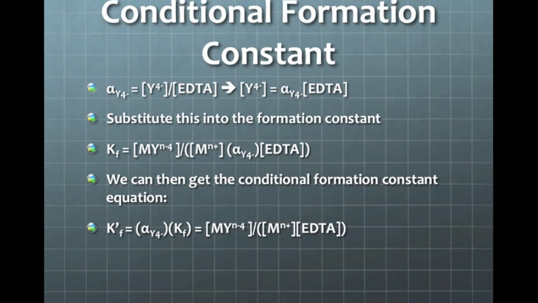Kf equals the concentration of MY with the charge of n-4 over the concentration of M with the charge of n times the fraction of Y4- times the concentration of EDTA. After some more rearrangement, we get the conditional formation constant Kf prime equals the fraction of Y4- times the formation constant, which equals the concentration of MY with the charge of n-4 over the concentration of M with the charge of n times the concentration of EDTA.